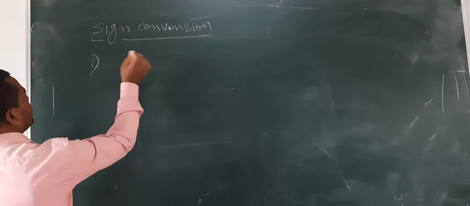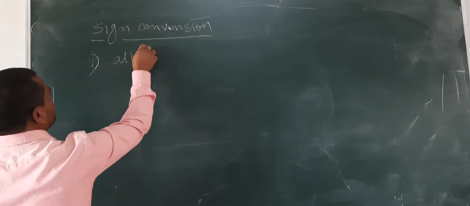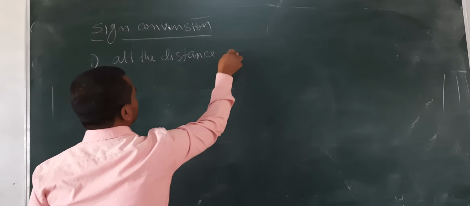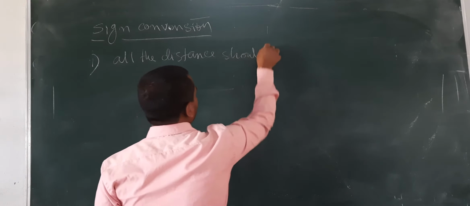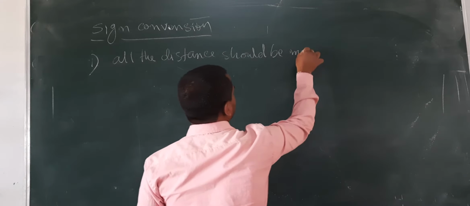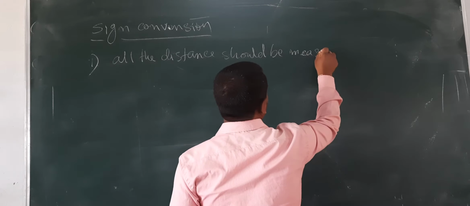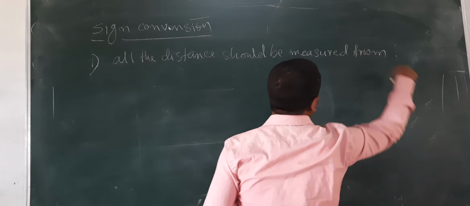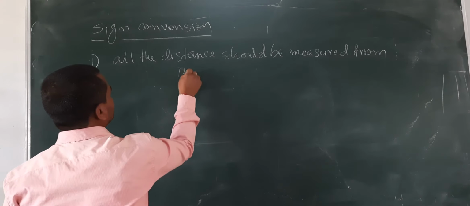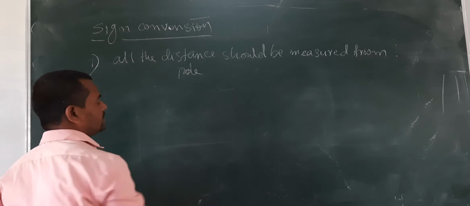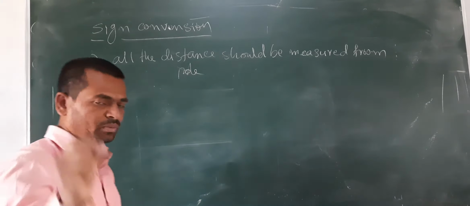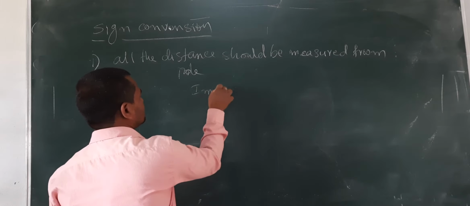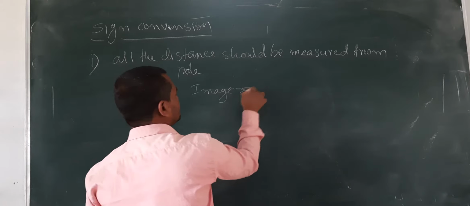All the distances should be measured from the pole. All the distance means image distance and object distance.